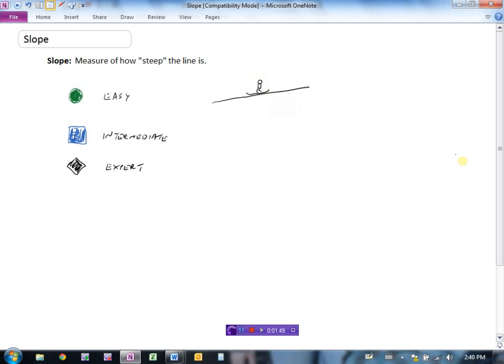We would say that the steepness of the slope, or the slope of the ski run, is not very big. It's fairly flat. And then when you get into the intermediate runs, here's our board.